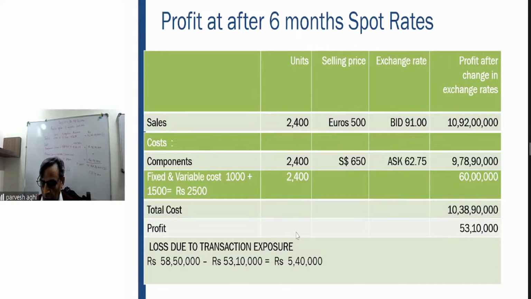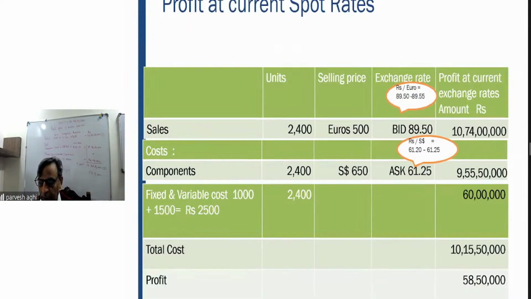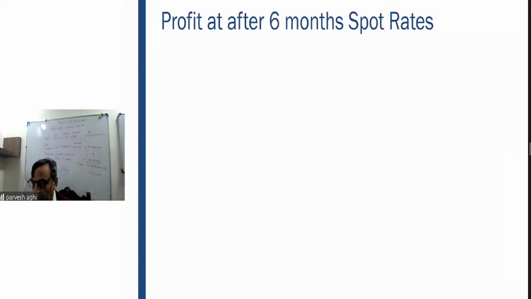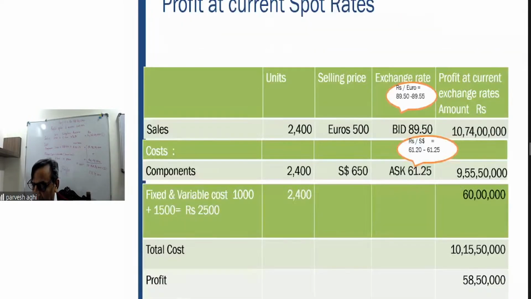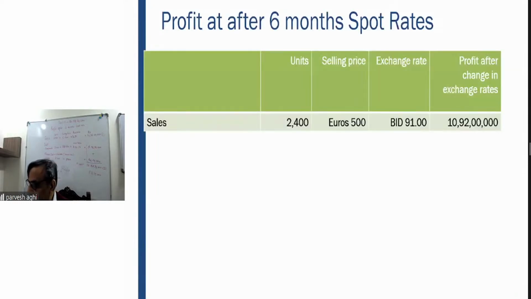Yeah. So what has happened was, if you go and see, this was his profit at the current spot rates. The euro was 89.50 at the time when he did the transaction, and finally it became 91. Though the revenue increased, because the euro has appreciated, it has positively impacted his business.